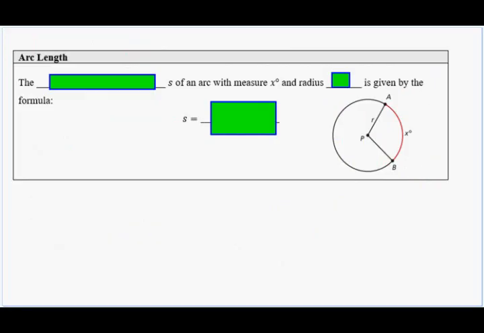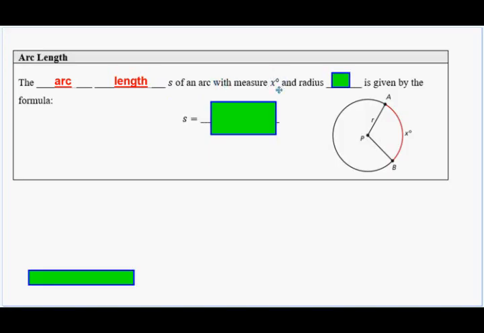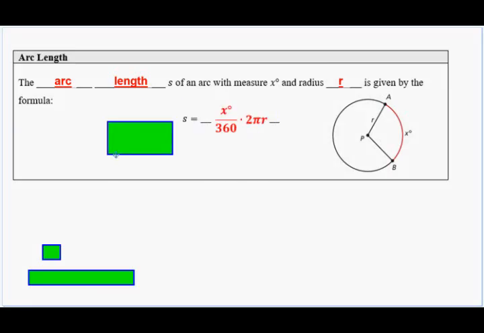Okay, and that takes us to our definition here of arc length. The arc length S of an arc with measure x degrees. Here in our picture, this x degrees is our measured red arc here from A to B. And the radius is given as r. We use this formula. S is arc length.